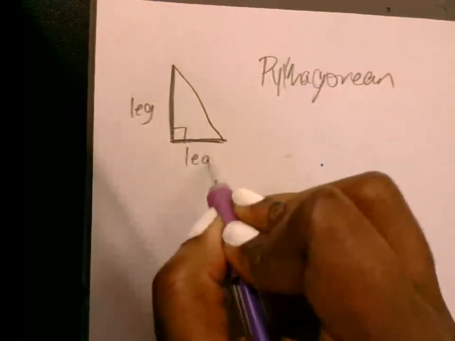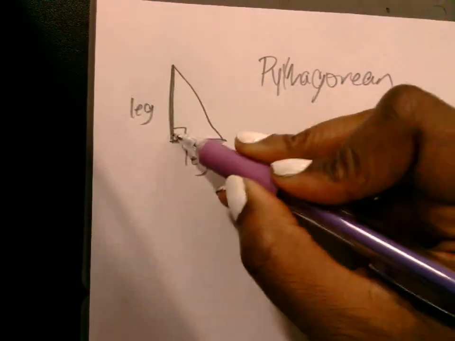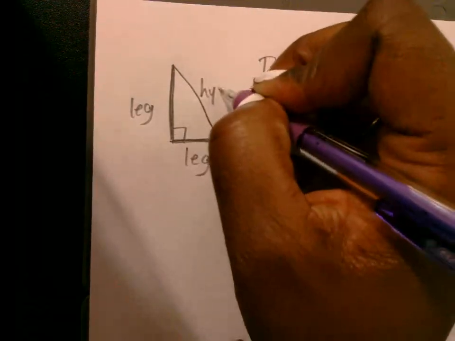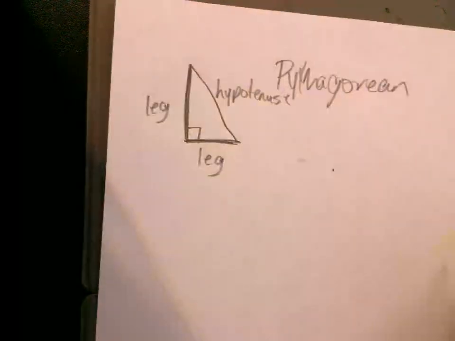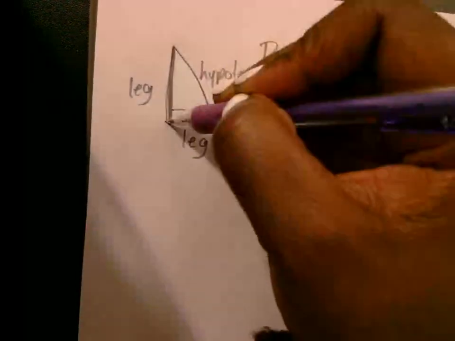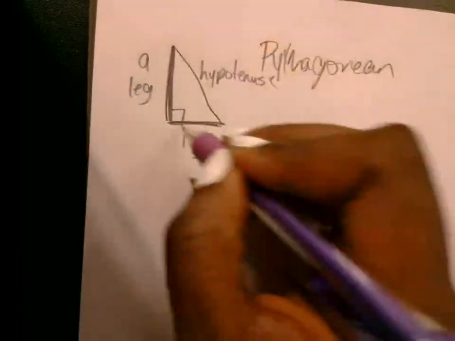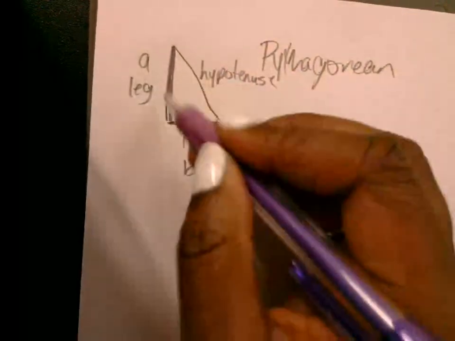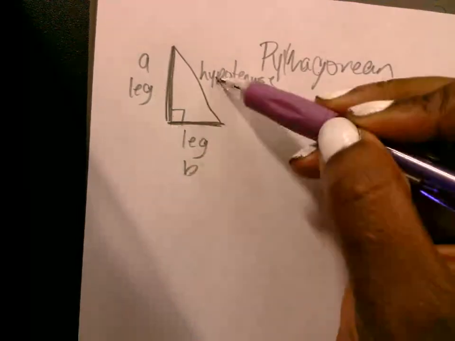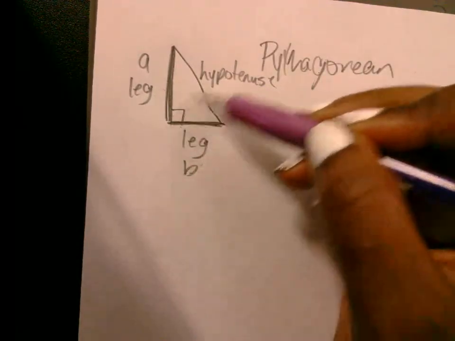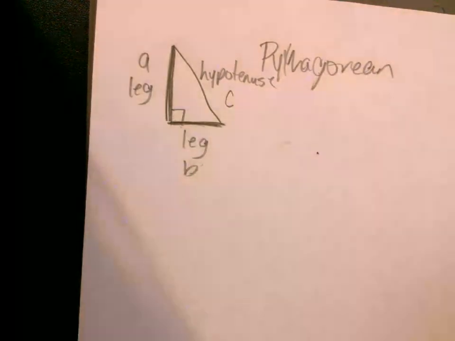This is a leg and this is a leg. The side opposite the right angle is called the hypotenuse. This is side A or B. Because they're both legs, it doesn't matter which one you call A or B. But the side that's slanted, opposite the right angle, has to be C.